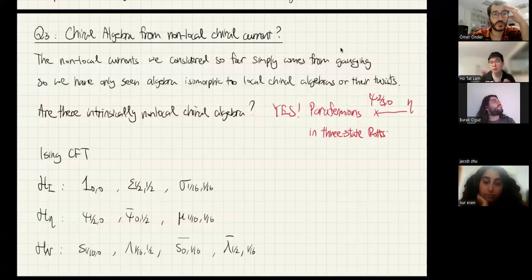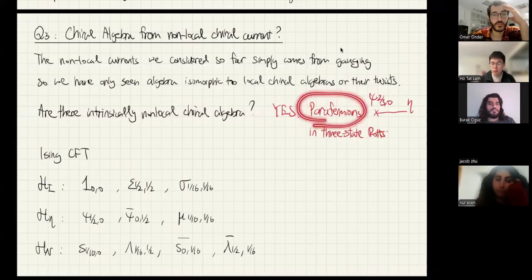Indeed, this has been seen before. This is precisely parafermions. All of the local chiral operators always have integer or half-integer spins, so if we find currents which have fractional spins, and if we are able to build chiral algebras out of these currents, then this is necessarily an intrinsically non-local chiral algebra. So parafermions are such an example.